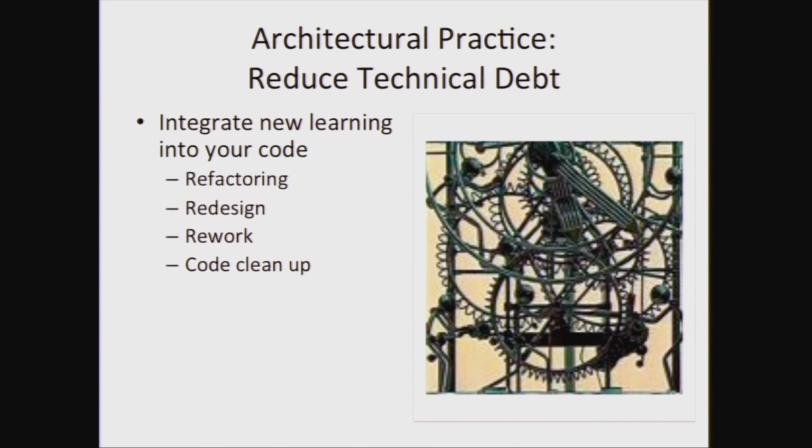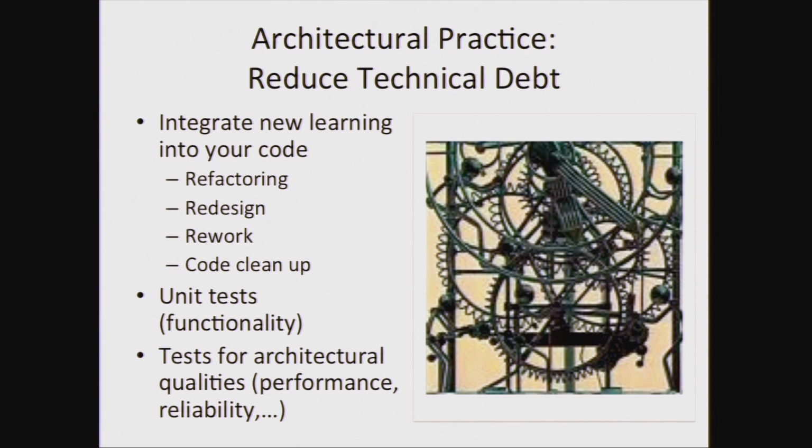Just to sum up about the small team practices, we do these things so that we can integrate learning into our code and keep things clean and sustainable. We want tests for functionality, but we also shouldn't ignore tests for architectural qualities, performance, reliability, security, those sorts of things.